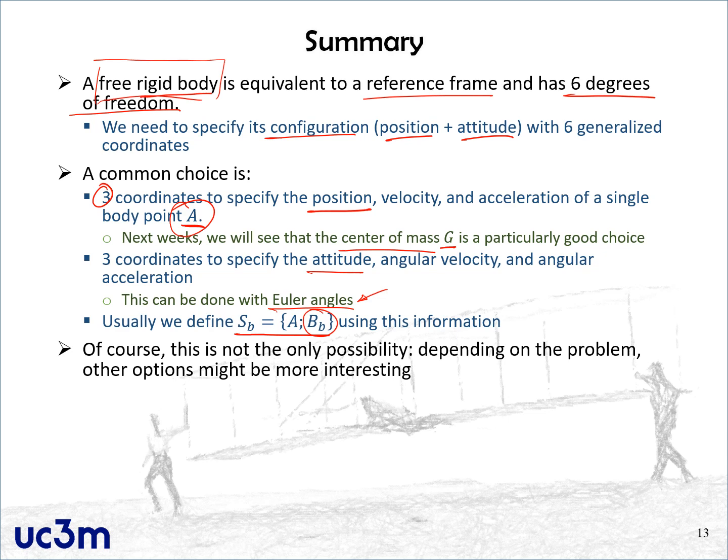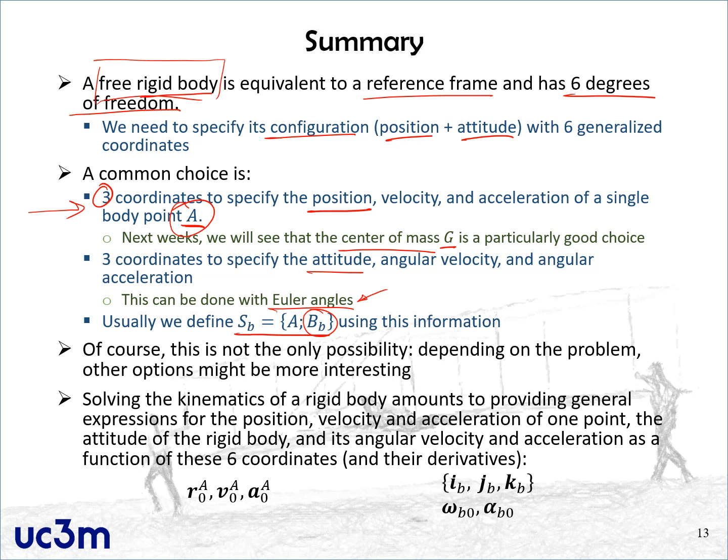Instead of using Euler angles and 3 coordinates for the position of a point, there might be other possibilities depending on the problem, but this is quite a general, quite common choice, and we will see it at work in many problems. When we talk about the coordinates of the point, by the way, they don't have to be Cartesian coordinates. We may use, for example, spherical coordinates or any other type of 3 parameters that allow us to locate a point in space.